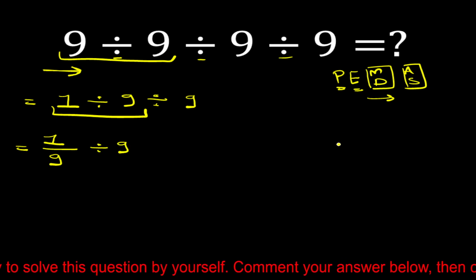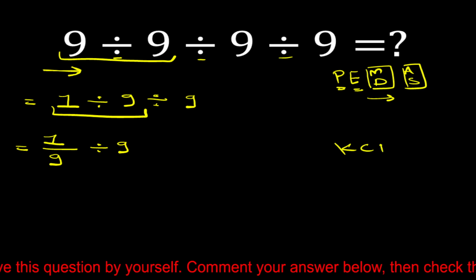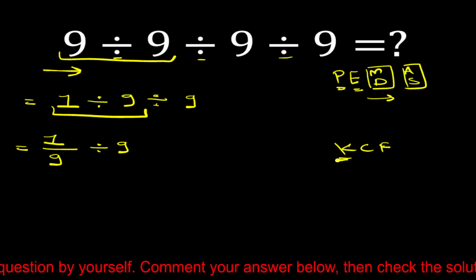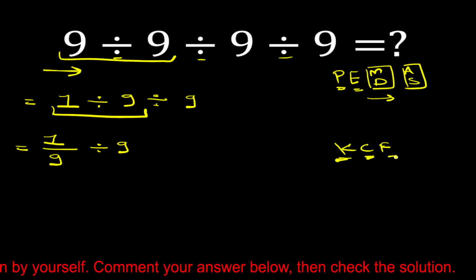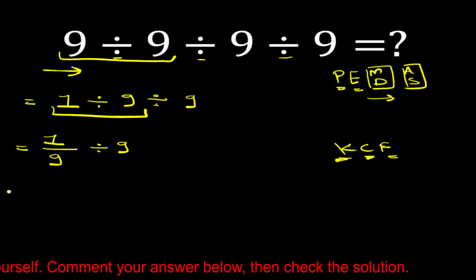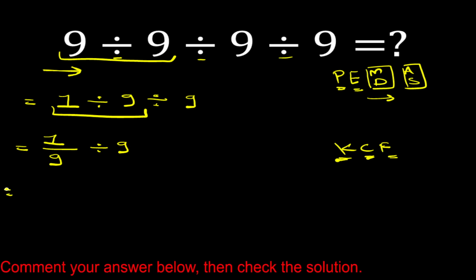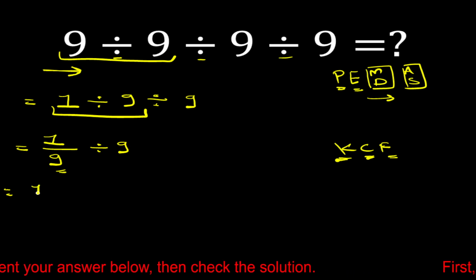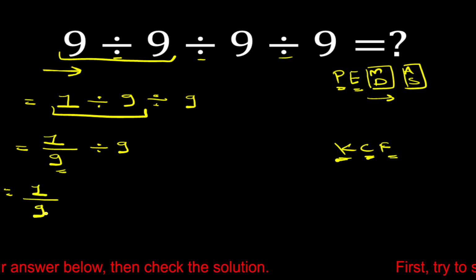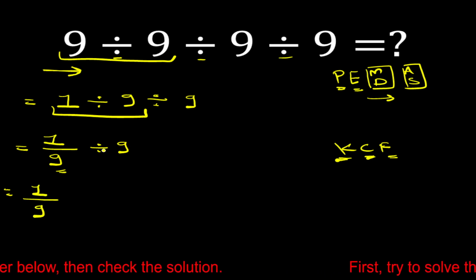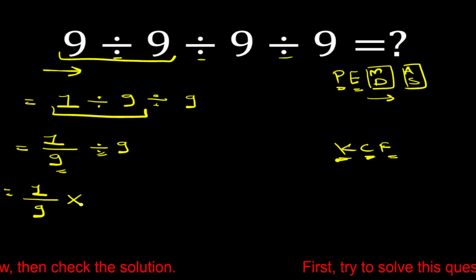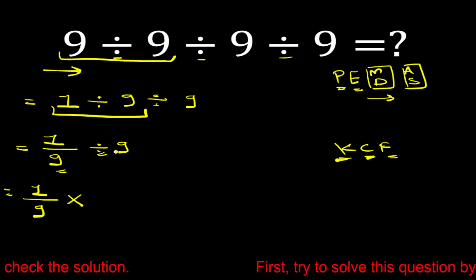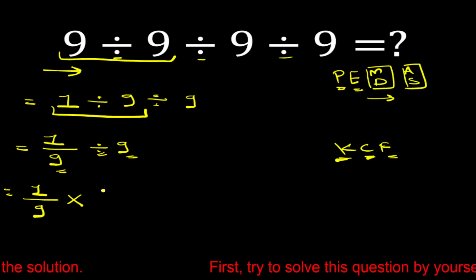divide 9. Now according to the KCF rule, keep, change the sign, and flip the fraction. So keep the first fraction as it is, therefore 1 by 9. Now C means change the sign from division to multiplication, and F means flip this second fraction.